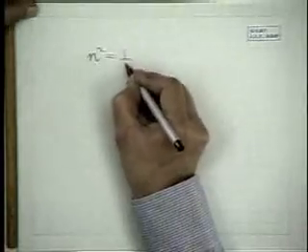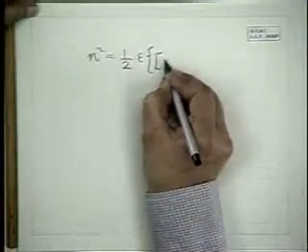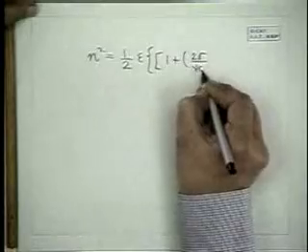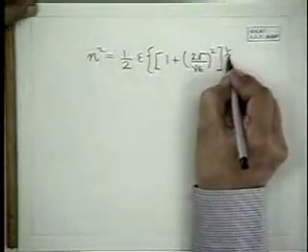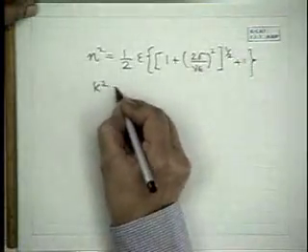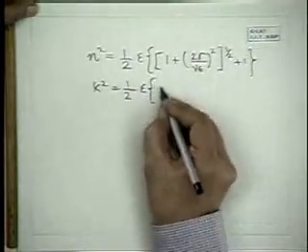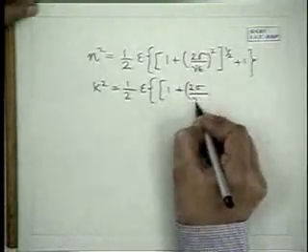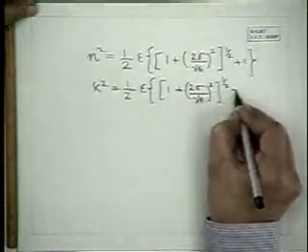Solving, you get n squared is equal to half epsilon times [1 plus twice sigma by mu epsilon squared] to the power half plus 1, and k squared is [one plus twice sigma by mu epsilon] minus 1.